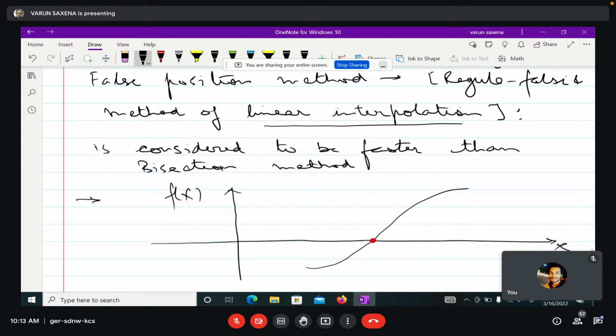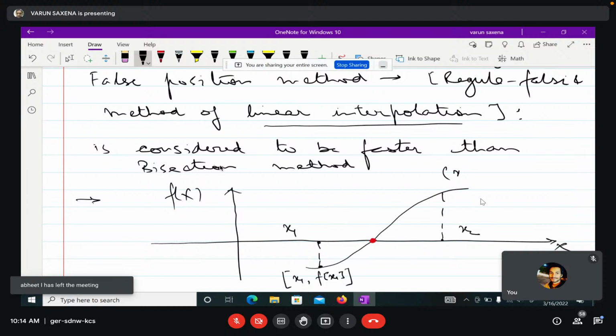But let's say that in our wisdom we chose one x1 here, and we chose one x2 here, same as bisection method. So this point is x1, f(x1), and this point is x2, f(x2).